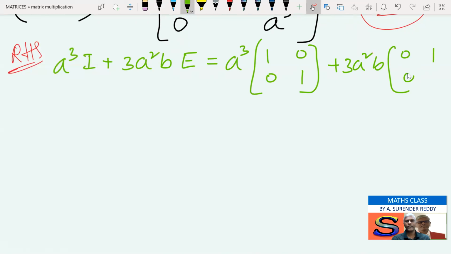This is given in the problem. So I is 1 0 0 1, E is 0 1 0 0.